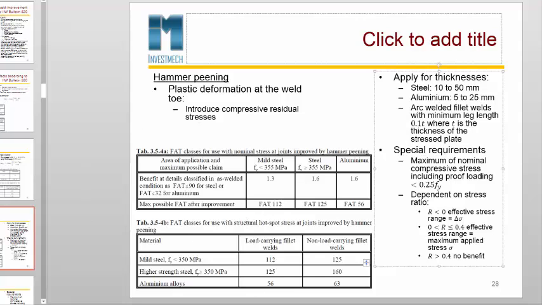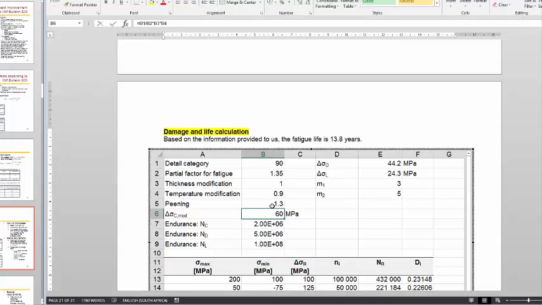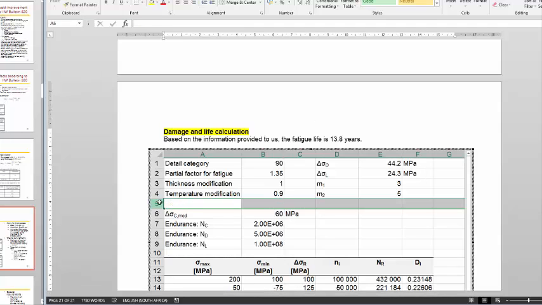So if I go back to this one here, right? What is 1.3 times 90? 90 times 1.3 is 117, right? So if we want to model the effect of peening, we need to look at the fatigue factor right at the top, and it means that the maximum value for the detail category in that case will be 112, and that's what you need to model.